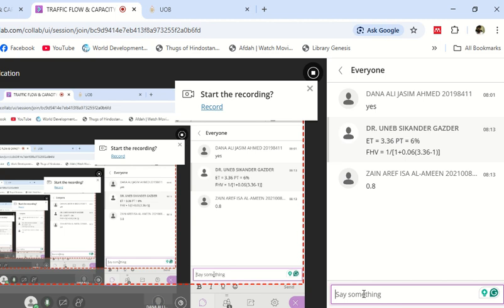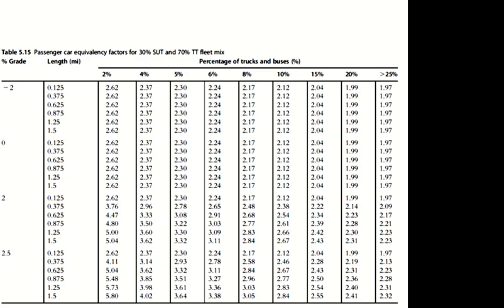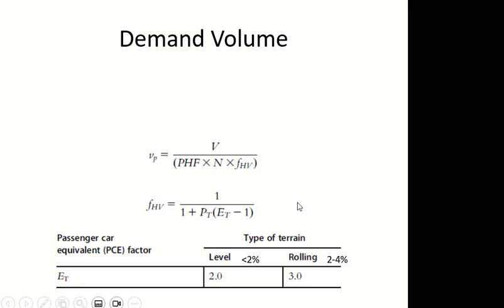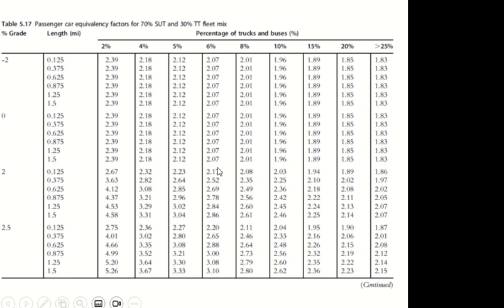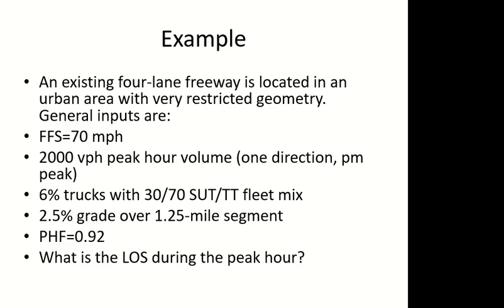After that, I can calculate the flow rate. Peak hour factor, as I said, is given. Number of lanes: if it's a four lane freeway, four lanes is for two directions, but I told you the volume is one direction. So you need lanes in one direction; four lanes for both means two for each direction.